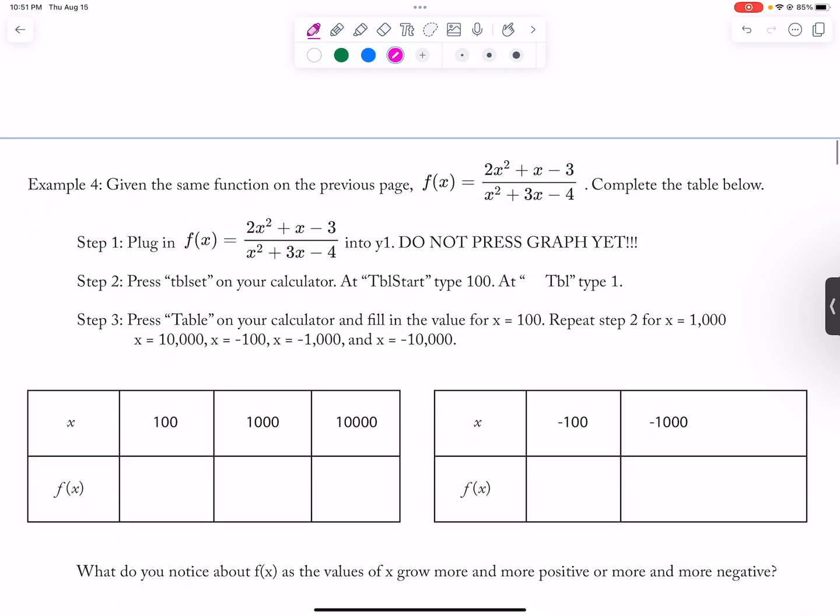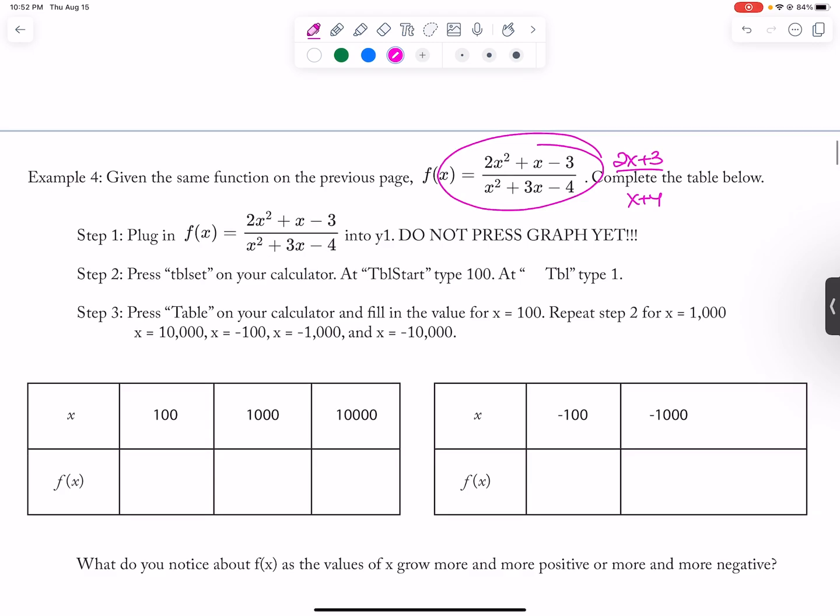So now what happens at 1,000? So we're looking at 100, 1,000, 10,000. When I plug this into my calculator, I can plug it into the simplified version, which is 2x plus 3 divided by x plus 4. Probably a little bit easier than plugging it into that quadratic equation. So when I do 100, I get 1.951. 1,000 is 1.995.